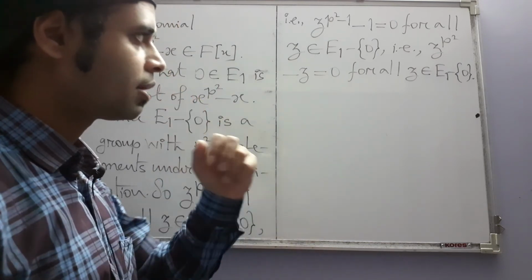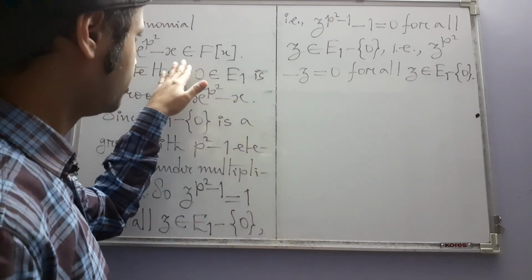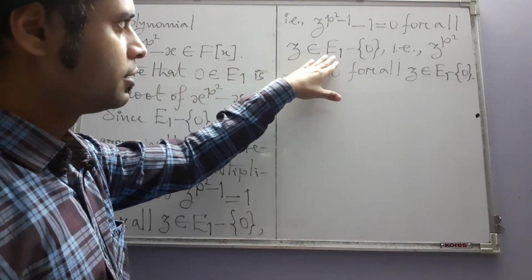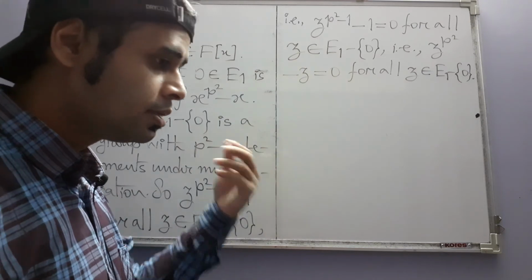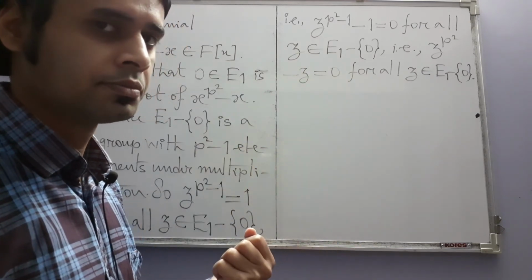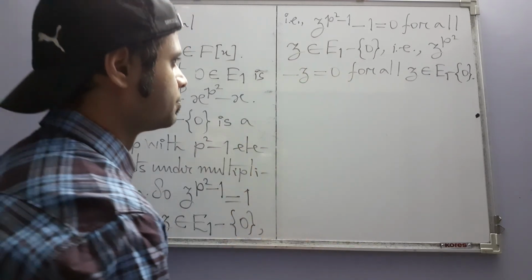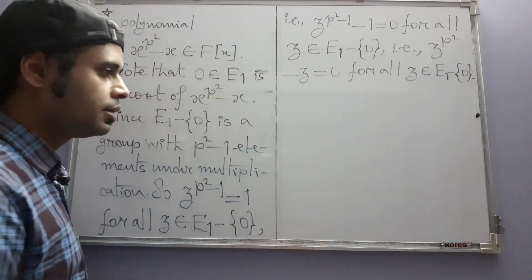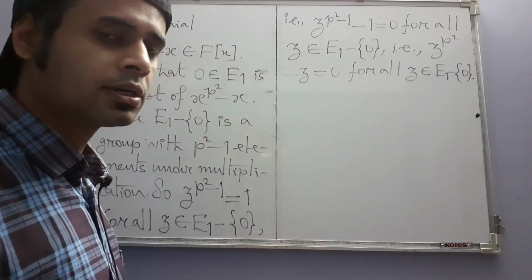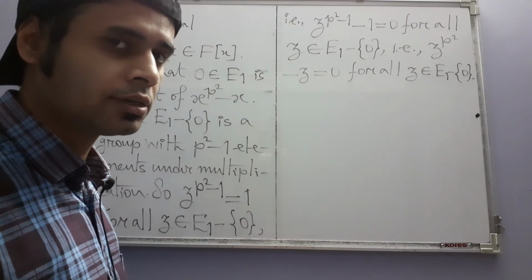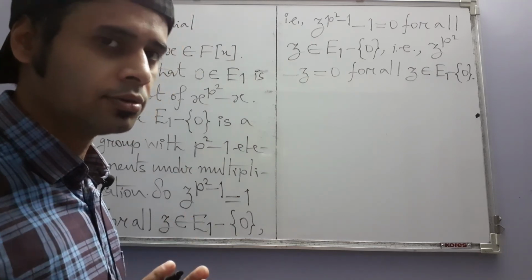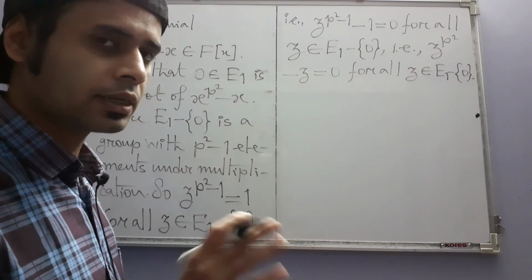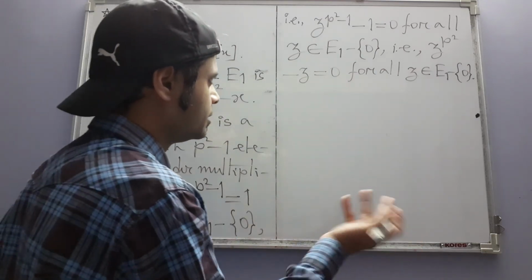So we have found all the roots of our polynomial, and in fact all of them not only are in E1, but E1 consists of all the roots. So naturally E1 is going to be the smallest extension of F containing all the roots, because there is nothing else in E1, just the roots. It's a little strange, but still it is what it is.